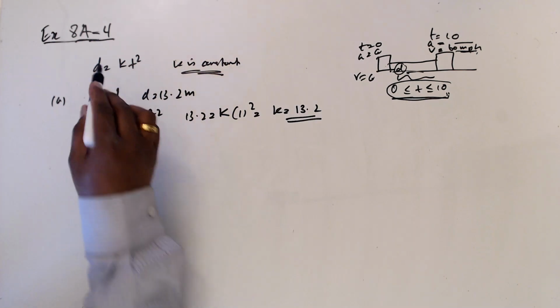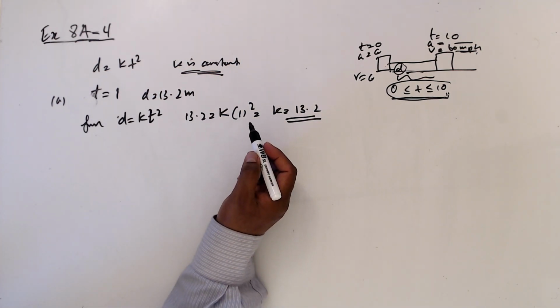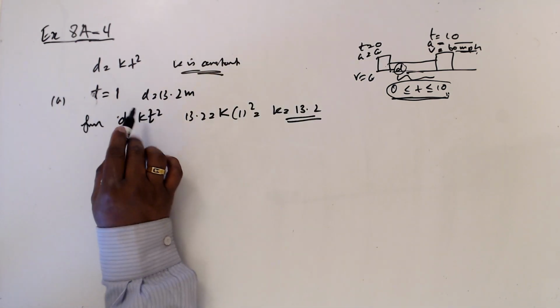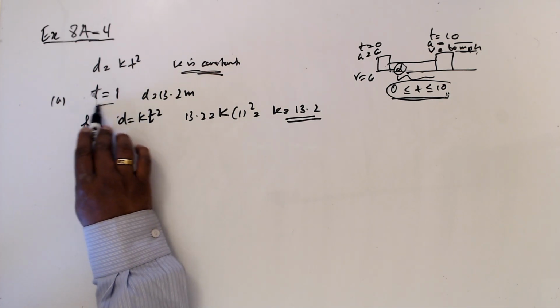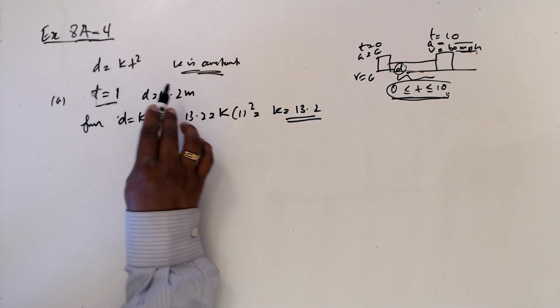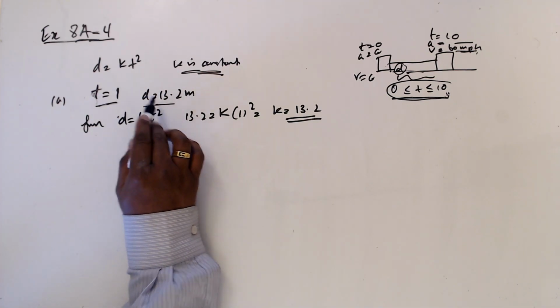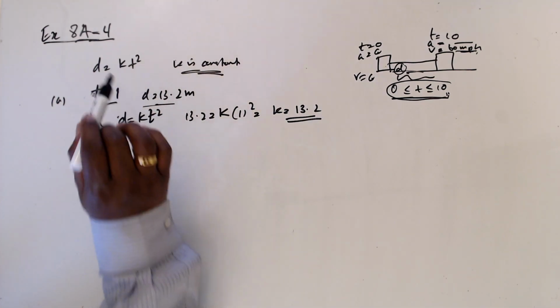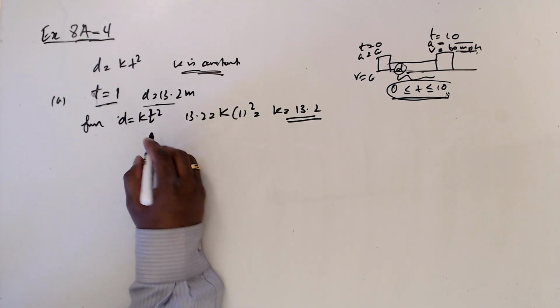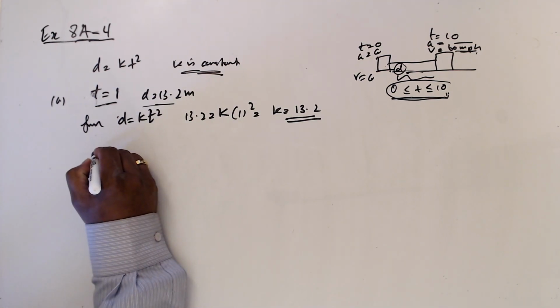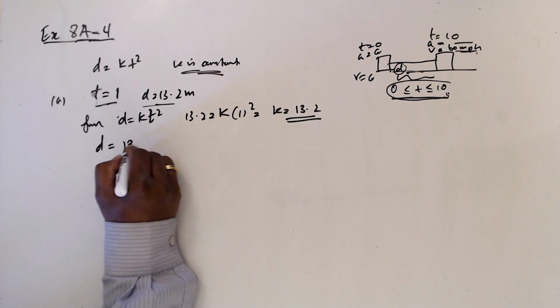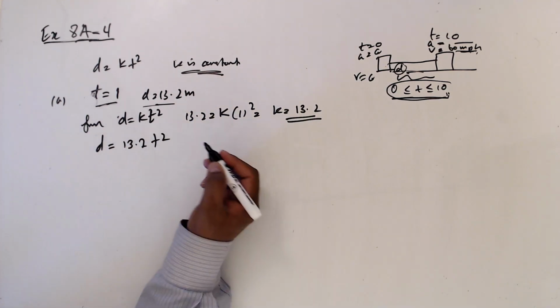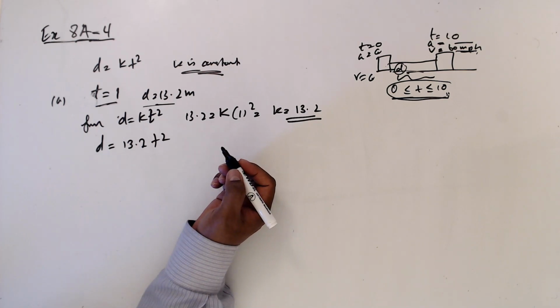Usually when we have an unknown constant, that's how we find it: we have information about t and d, or other variables, to find the constants. Now we can rewrite the equation as d equals 13.2t squared. So this is the model.